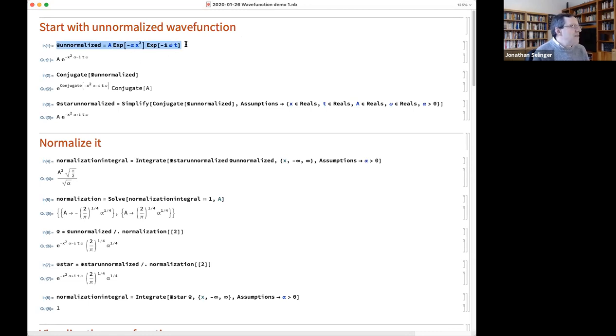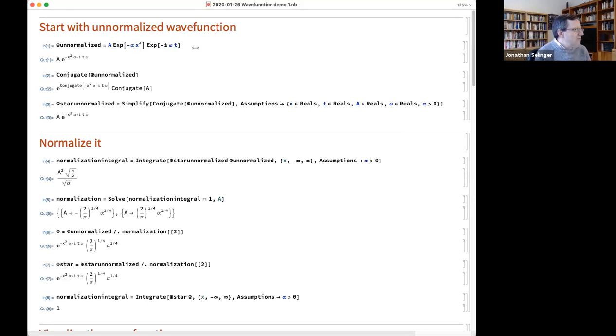So this is some unknown coefficient A, A is for amplitude, okay? So capital A times an exponential of minus alpha times x squared. That's the position dependence. And then an exponential of minus i omega t. That's the time dependence.